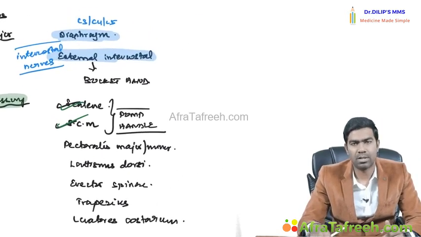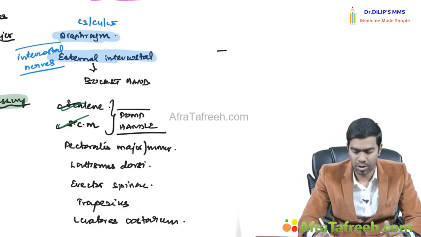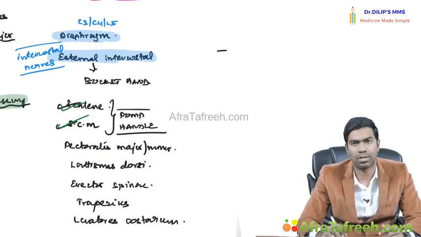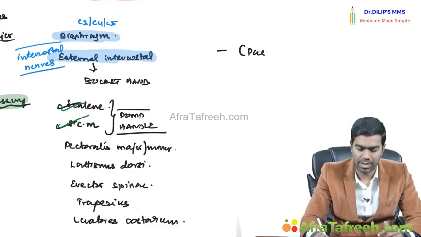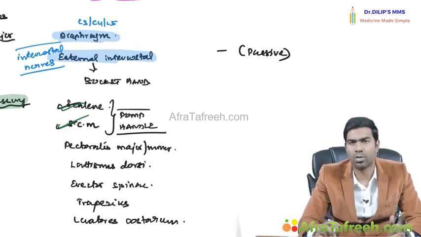And what are the major muscles of expiration? You don't have any major muscles of expiration because I told you expiration is a passive process. You don't need any muscles to normally expire. But for forced expiration, definitely you need some muscles, especially in times of airway resistance, or if you're voluntarily trying to do a forced expiration.